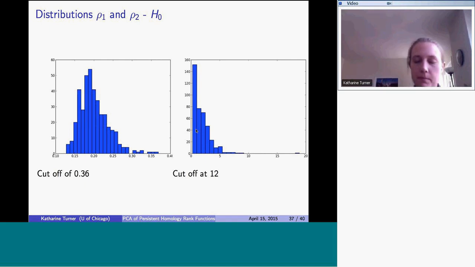Take the homology functions, subtract the mean, and so on. The first one is a modified distance to the mean within 80 dimensions. I take my cutoff at 0.36 or something like that.